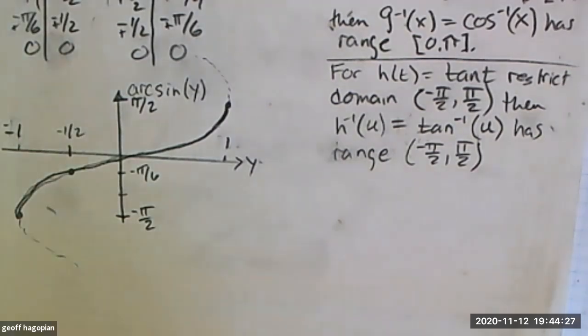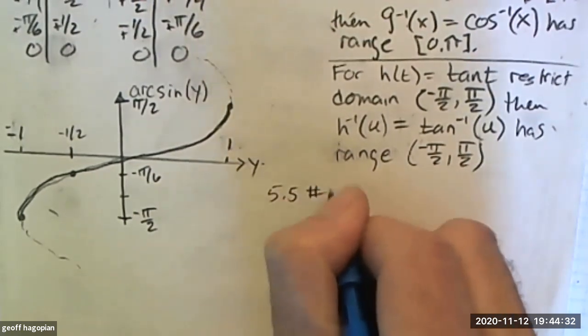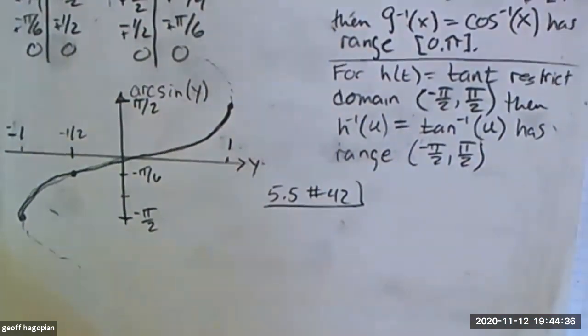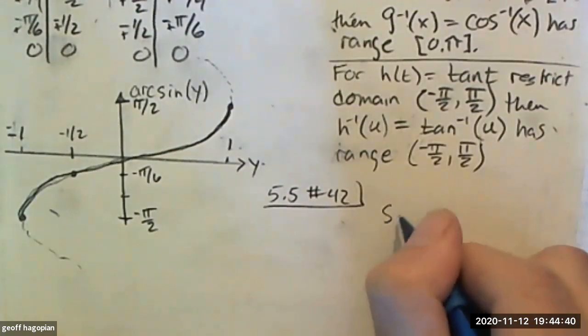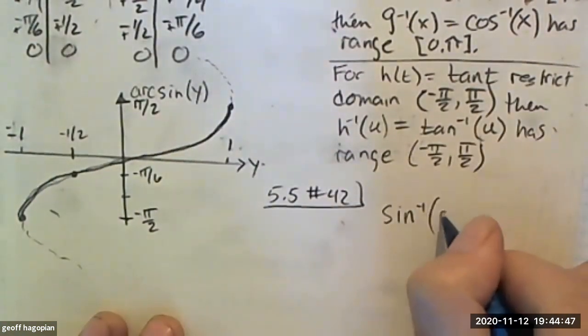So 5.5, number 42. What is the arc that takes us to the place where we have the sine of 11 pi over 4?